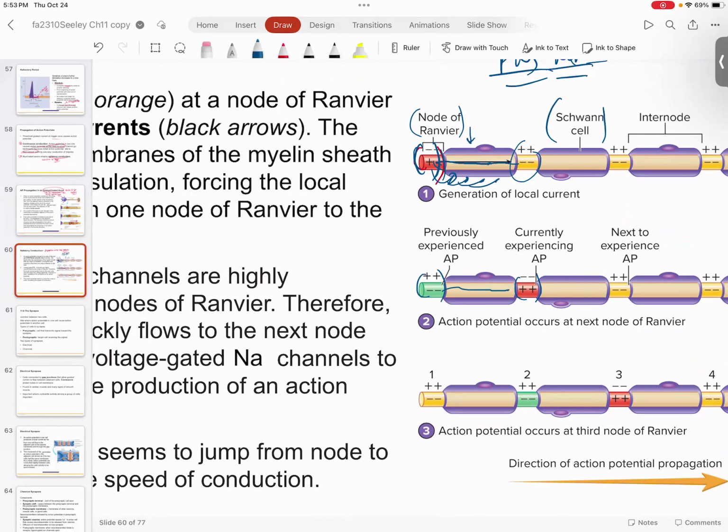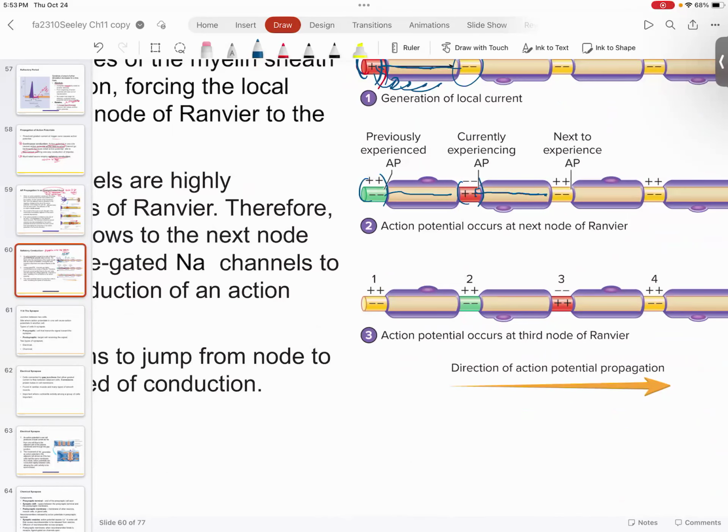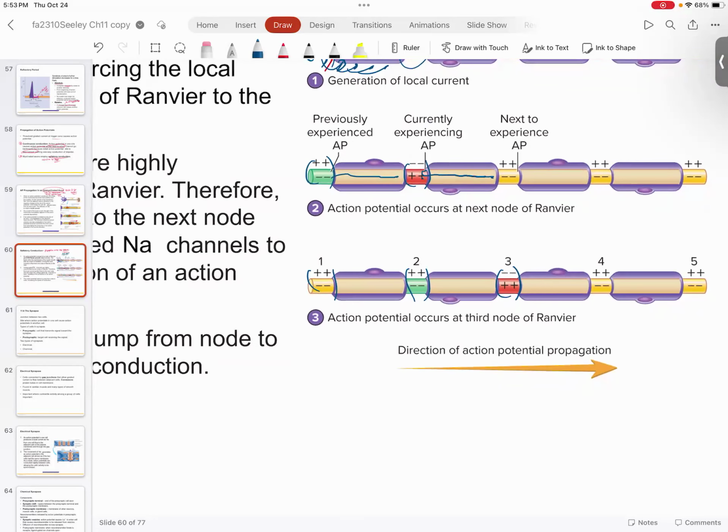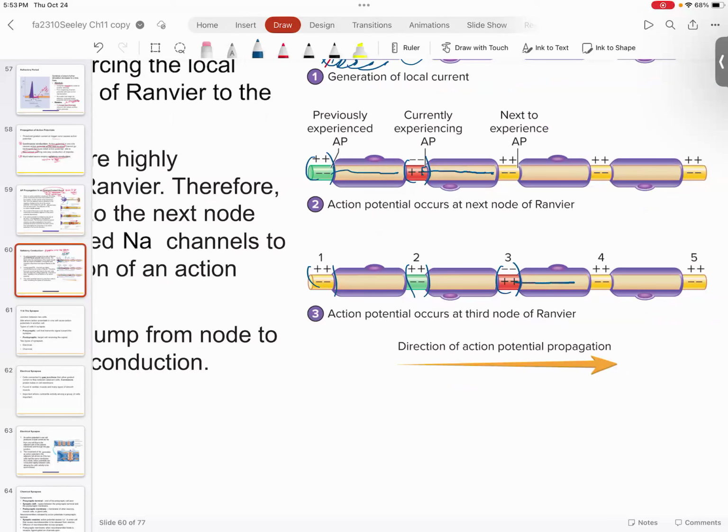The local current of sodium then flows through the axon again until it gets to the third node, which it depolarizes while the second one is repolarizing and the first one is already fully reset and ready for the next stimulus. The third one will flow through until it gets to the fourth node, and so on.